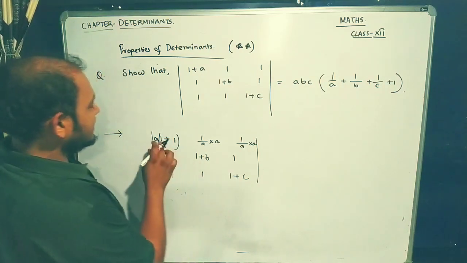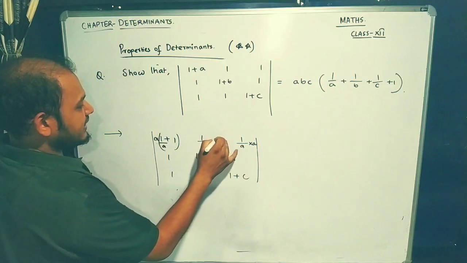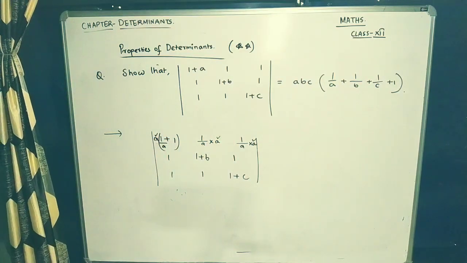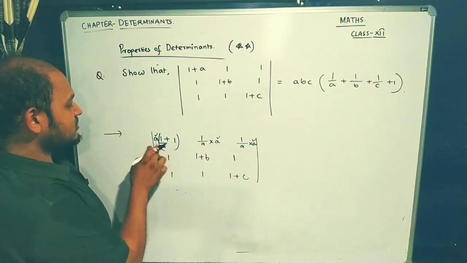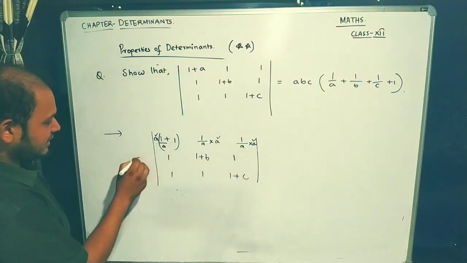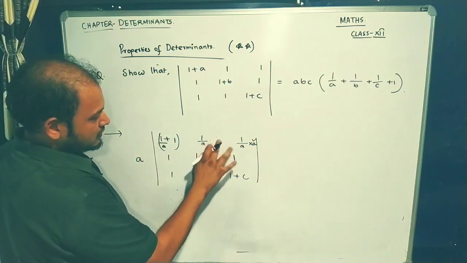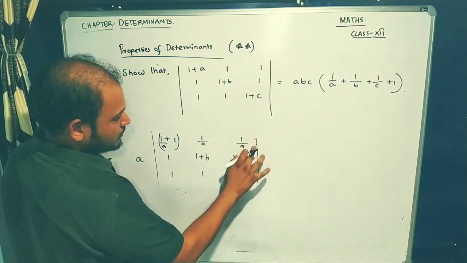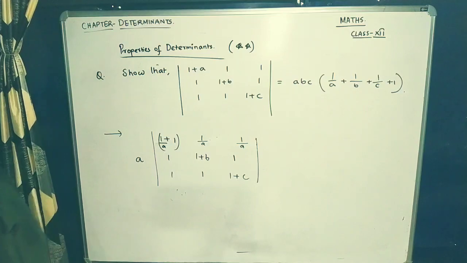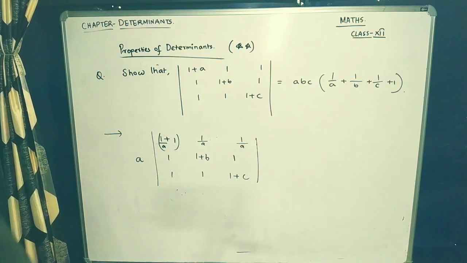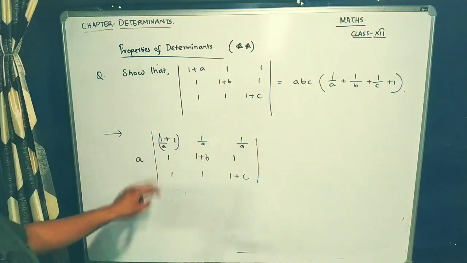So you can see that in each and every term of the first row, a is a common term. So I can take a as common outside of it. According to property number 2, I can take a outside of here. In a similar way, I can take b outside of this.